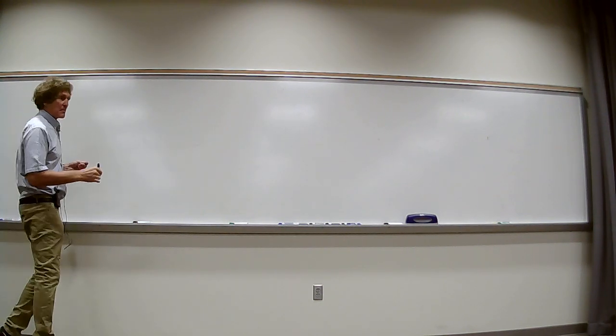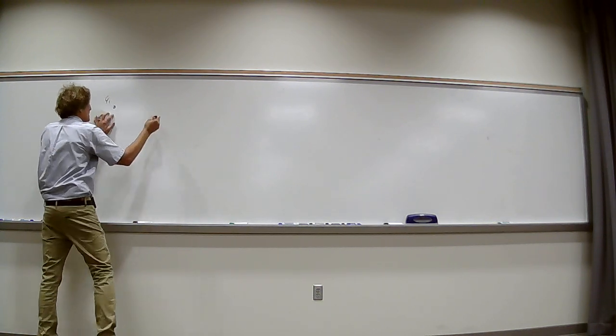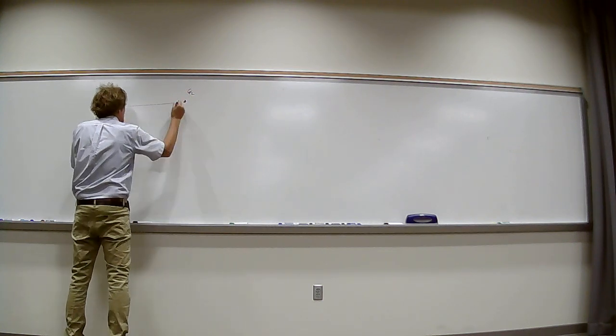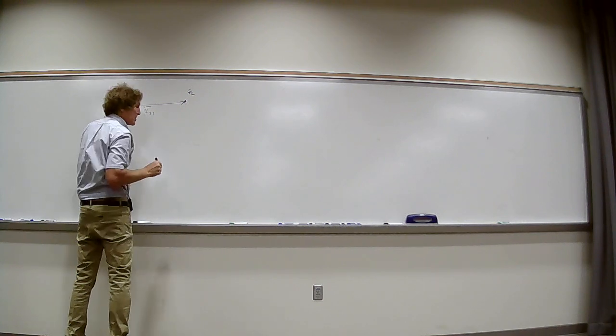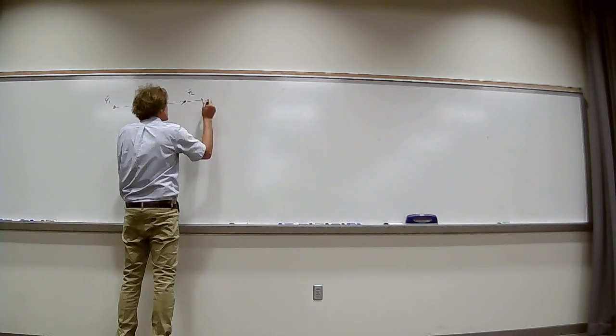So we talked about force last time. Well, if I have a charge Q1 here, and I have a charge Q2 here, and now I'm going to have R21 here, a vector. I know the force on this one, right?